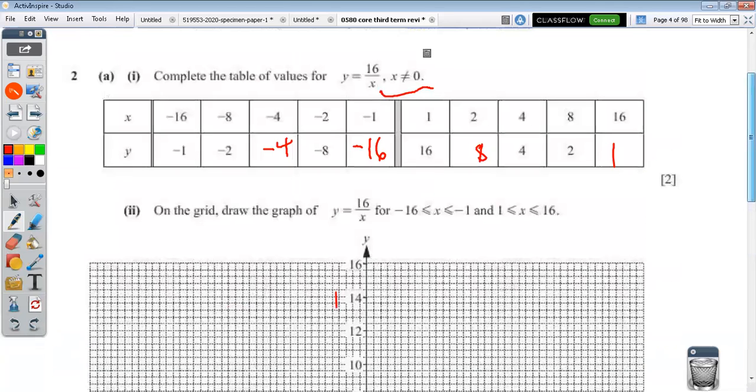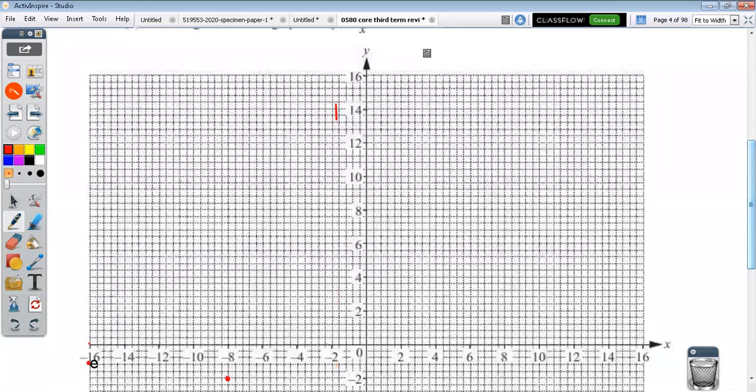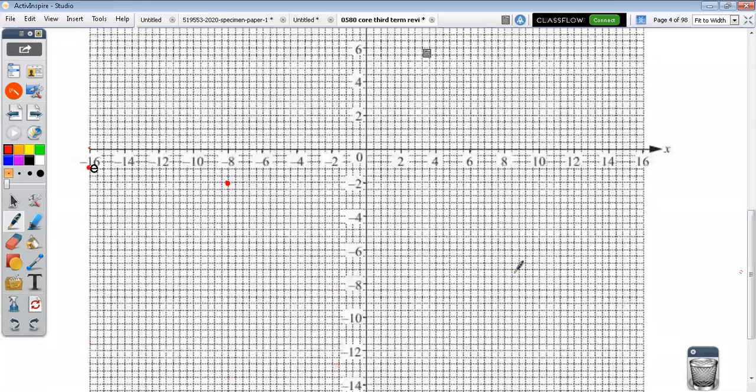Minus 4. In an exam you get properly printed graphs. Minus 4. You're following me there?